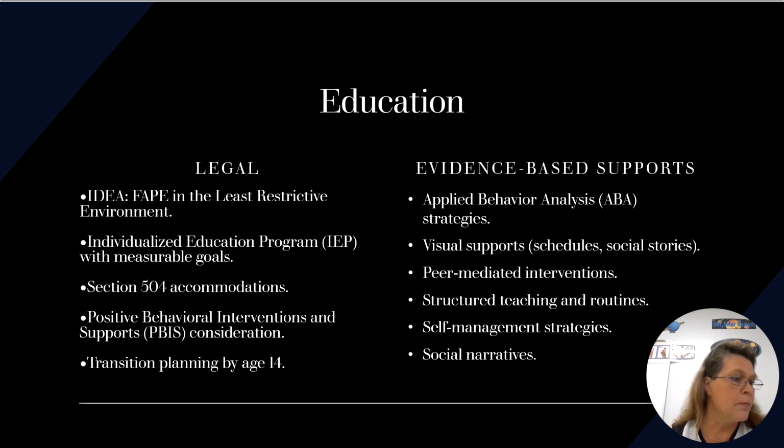So look at what is going to benefit that student the most when you're writing your IEPs. Transition for us here in Texas starts at age 14. I know some states are a little different, but we usually look at transition beginning at the end of 7th to 8th grade and then through high school. So we start at age 14.